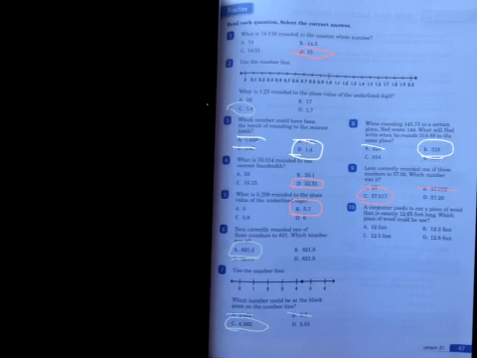Well, we definitely know 12 feet cannot be cut down any lower. So let's go ahead and mark A out. Let's look at B. So B is 12.3. That's definitely still not going to be long enough. And then when we look at C, 12.5 feet, that's definitely not long enough. But then when we look at D, 12.8 feet, we know that definitely can be cut down to 12.65.